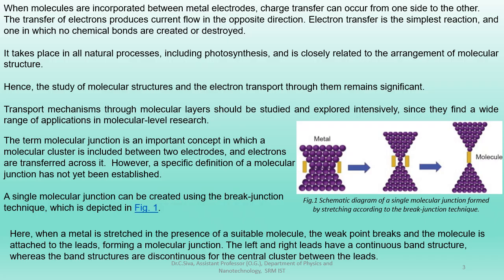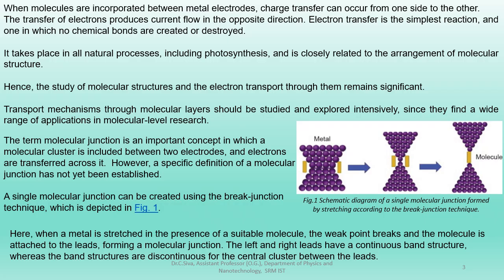Electron transfer in molecular structures. When molecules are placed between metal electrodes, electrons can transfer from one side to another side. This electron transfer creates current flow even though no chemical bonds are broken or formed.